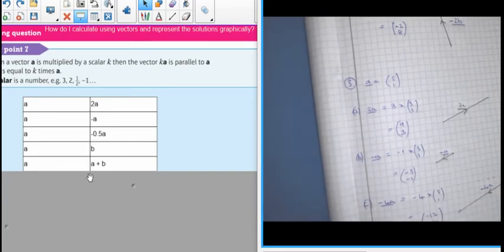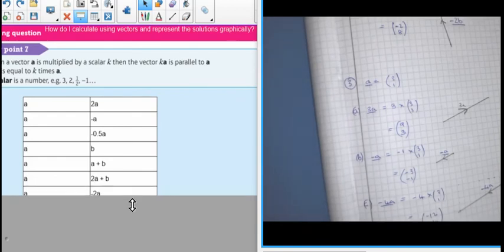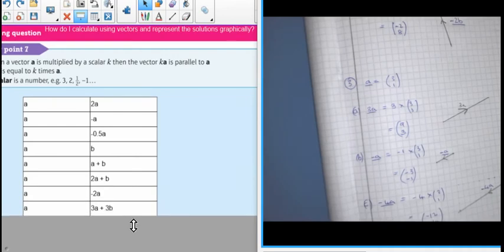We haven't multiplied by a scalar, we've just added on a different vector. a and 2a plus b, not parallel. We haven't multiplied a by a number, we've added on a completely different vector. And when we have multiplied it by 2, if it was just 2a, it would be parallel, but adding the b makes it not. Yes, this is parallel, the scalar is -2. No, not parallel.